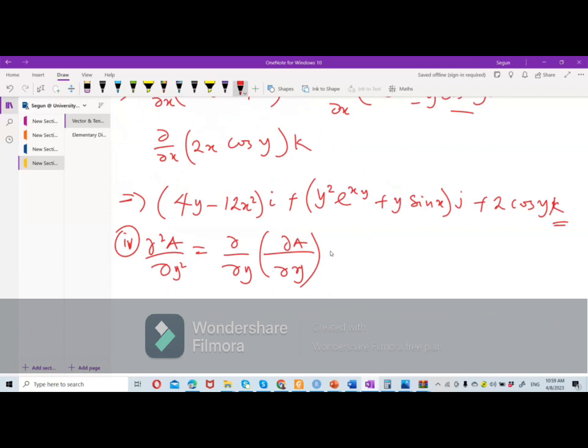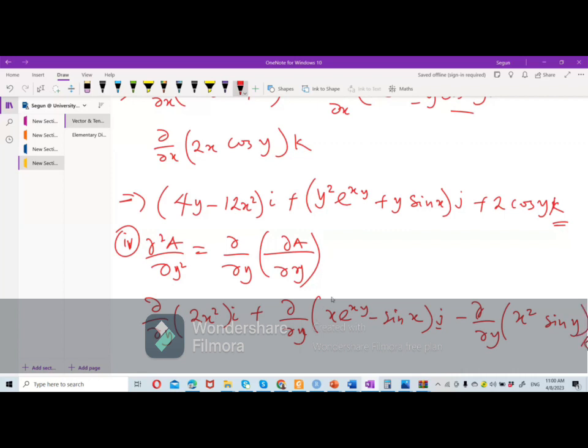So we go to the y, where we have d/dy of 2x squared y i, plus d/dy of x exponential xy minus sine x j, minus d/dy of x squared sine y k.